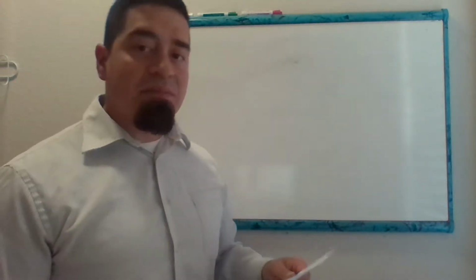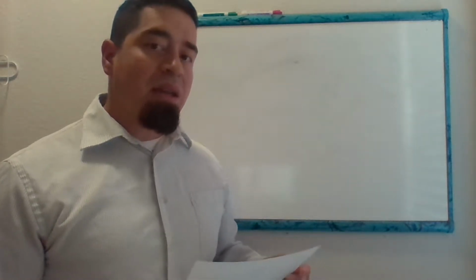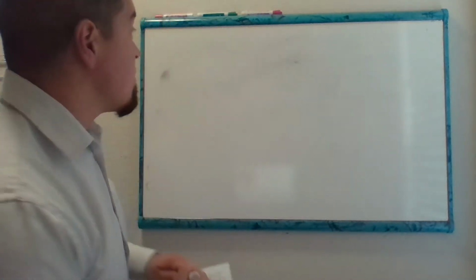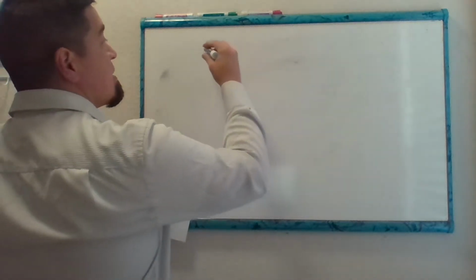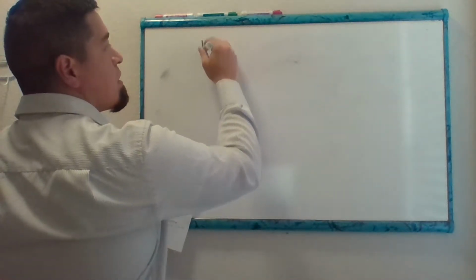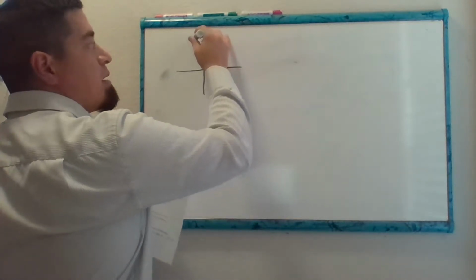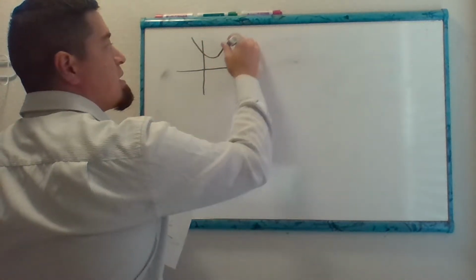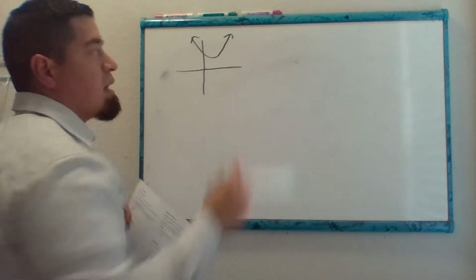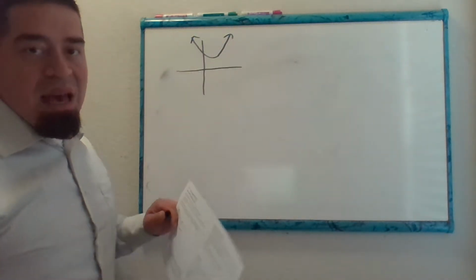I'm going to start by talking about the complex number system and imaginary numbers. What we've done in class is solve for x-intercepts in the past, but I wanted to consider the case if you had a parabola like this. Does this have any x-intercepts?